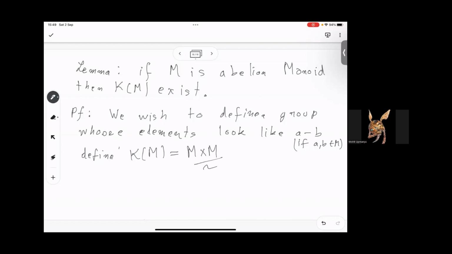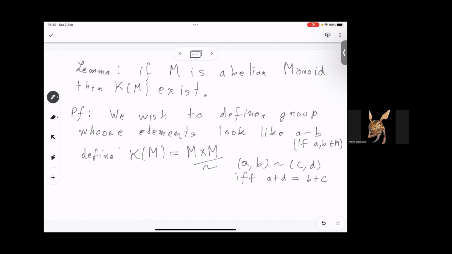What's this equivalence relation? The pair (A, B), which I'm going to think of as A minus B, is equivalent to (C, D), C minus D. In fact, after this proof, every single time I will write it as A minus B. So A minus B is equal to C minus D if and only if A plus D is equal to B plus C. This is what you would usually expect, right?